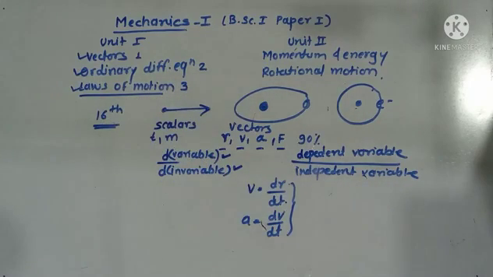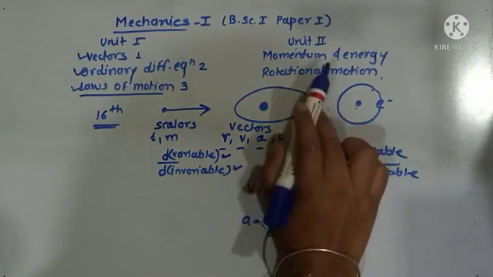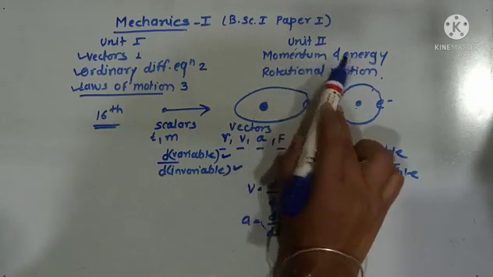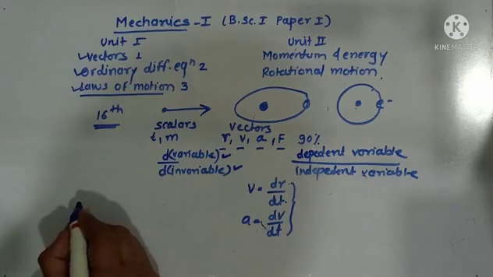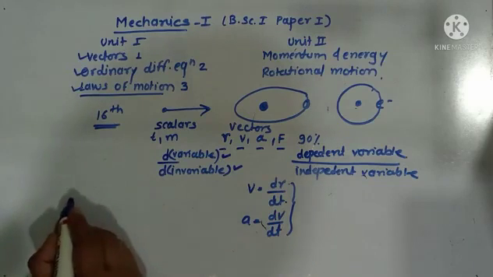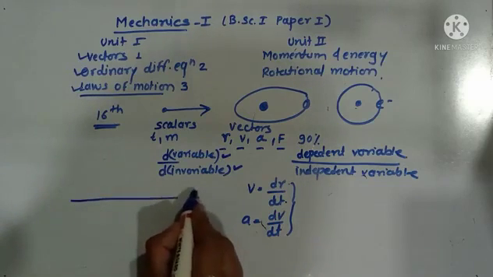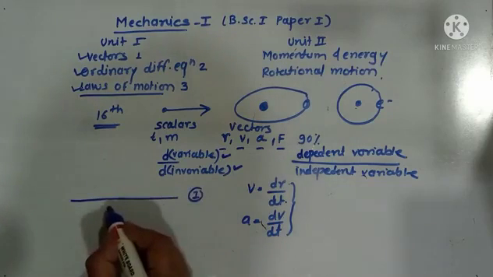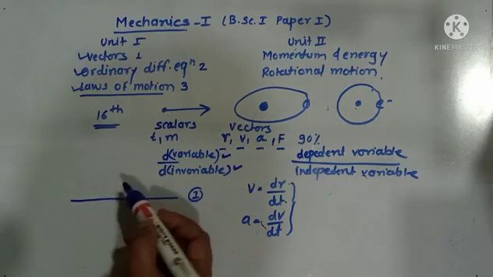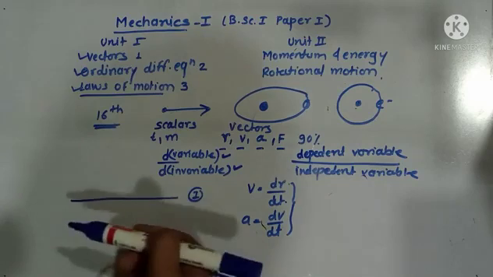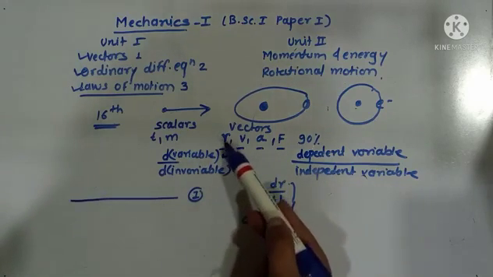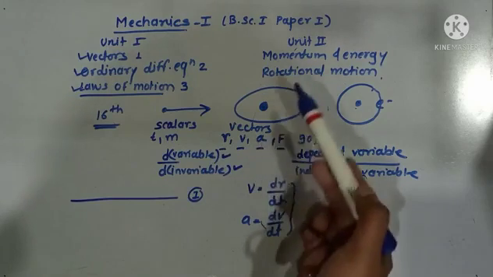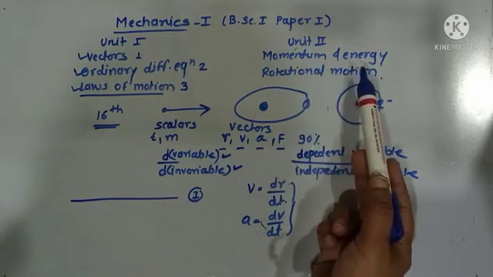And then in unit 2 we are going to deal with the momentum and energy. When you write the equation of motion for any particle, from that equation you can calculate everything necessary in physics: the displacement, velocity, acceleration, momentum or energy.